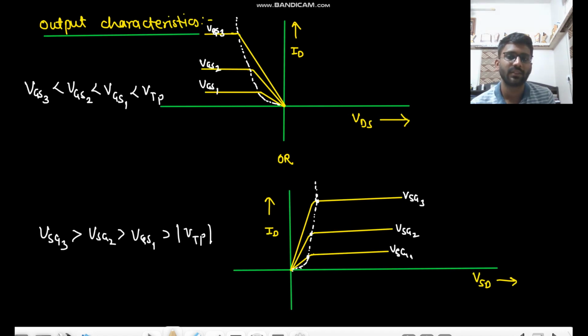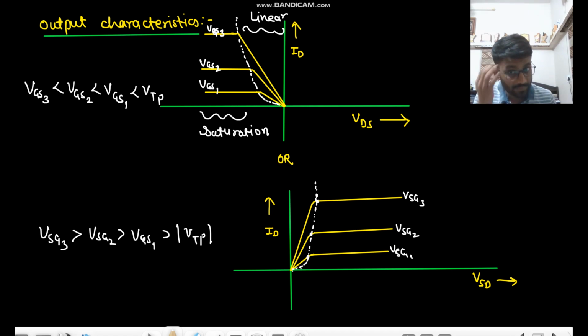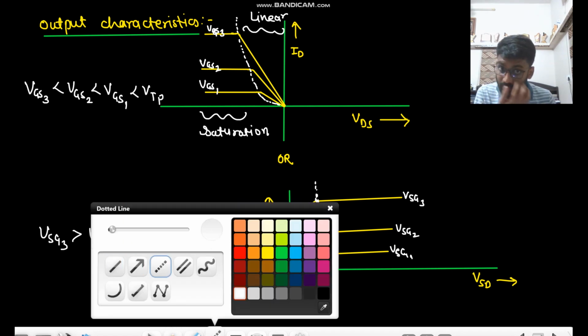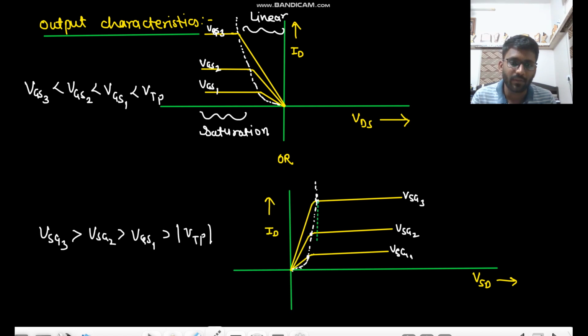So these are the curves, and this is the linear region, and this is the saturation region. And if we make this point, that would be VSG3 minus mod of VTP.